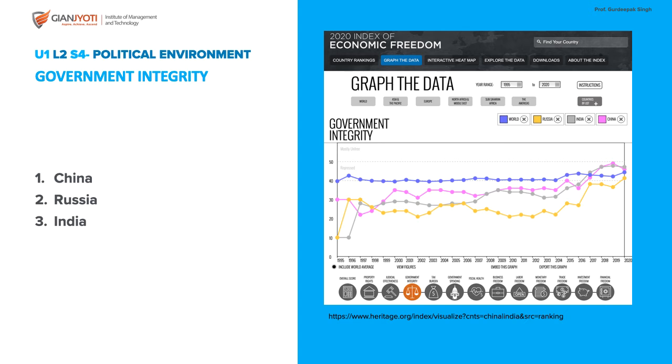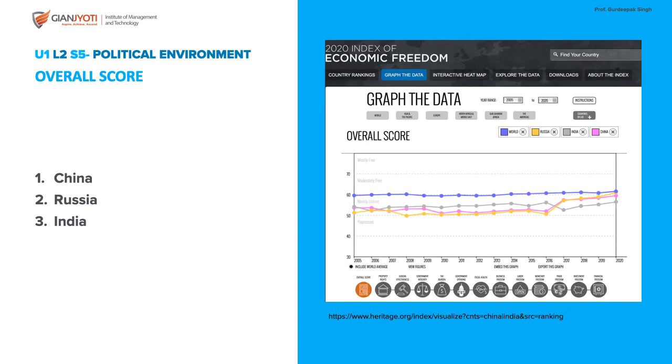But if I look at India, from 2007 it has gone up, and then from 2009 the government integrity has gone down, but from 2014 it has gone up. So this is how you can compare.